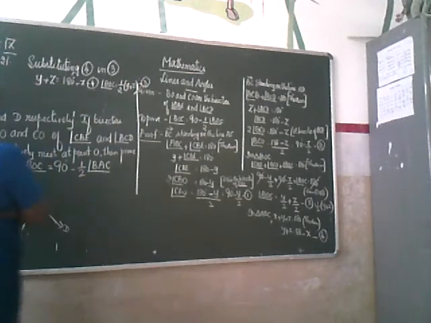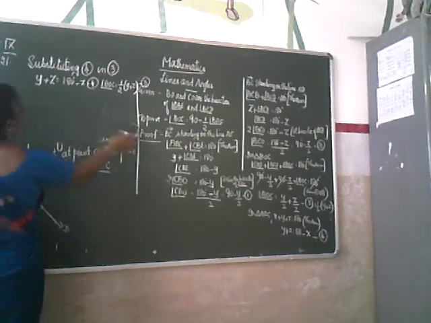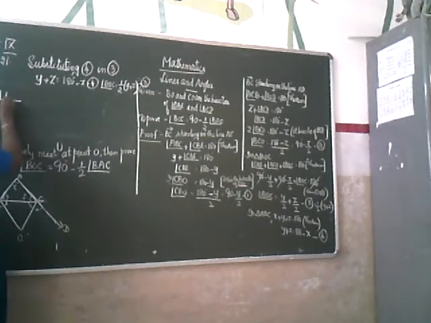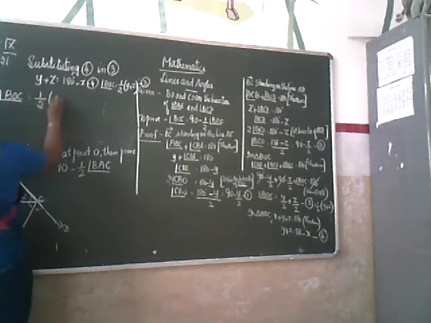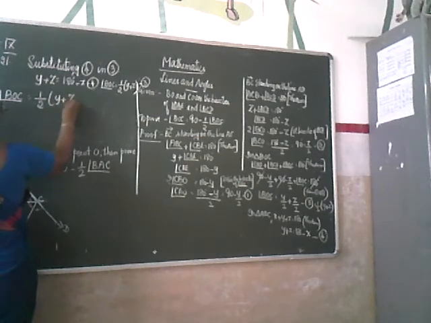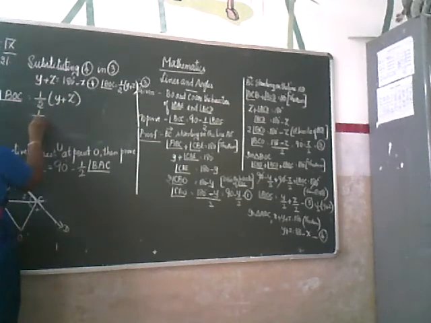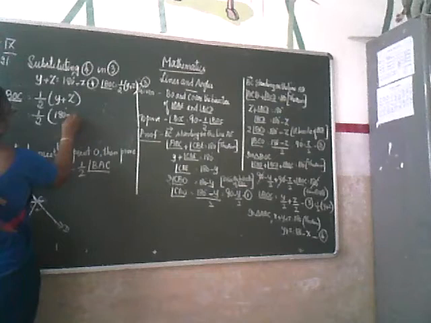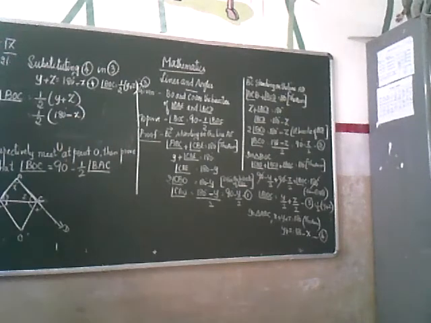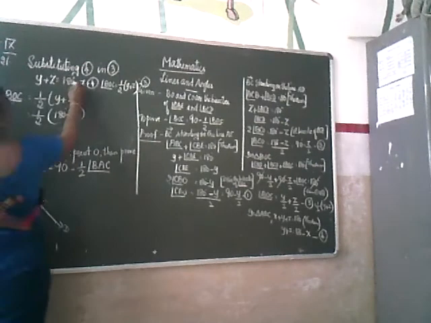So let me consider BOC. So angle BOC is equal to half of y plus z. So let me substitute, instead of y plus z, it is 180 minus x.